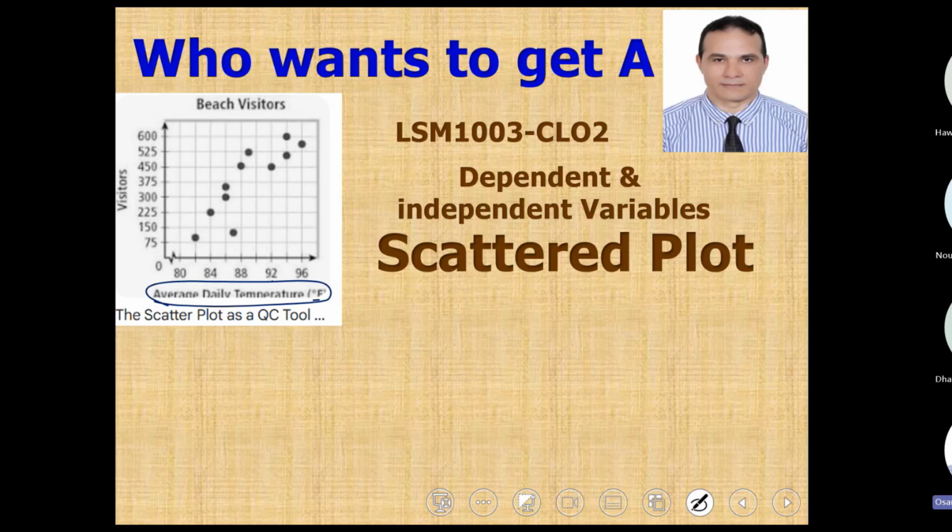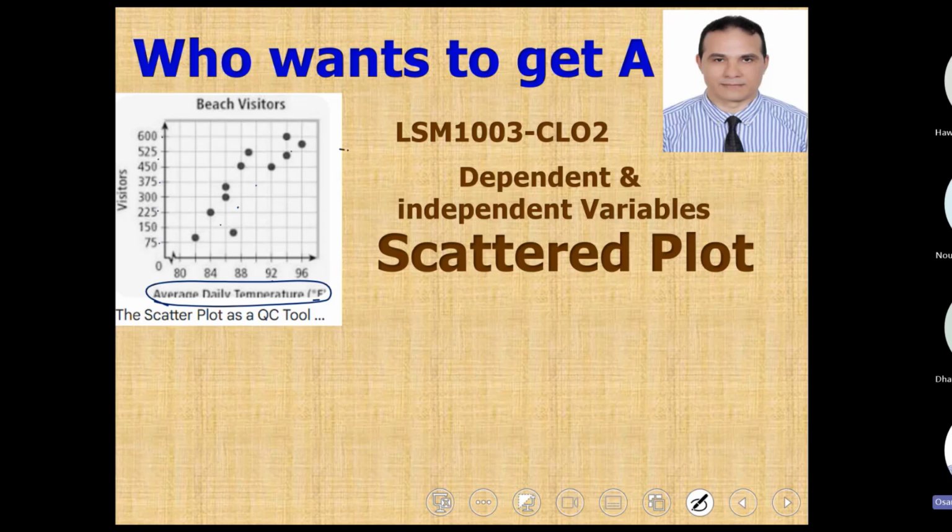Once the temperature increases, more people go to the beach. If you count how many visitors come to the beach and link it to the change in temperature, you will find that increasing temperature increases the number of visitors. This is what we call a scatter plot.